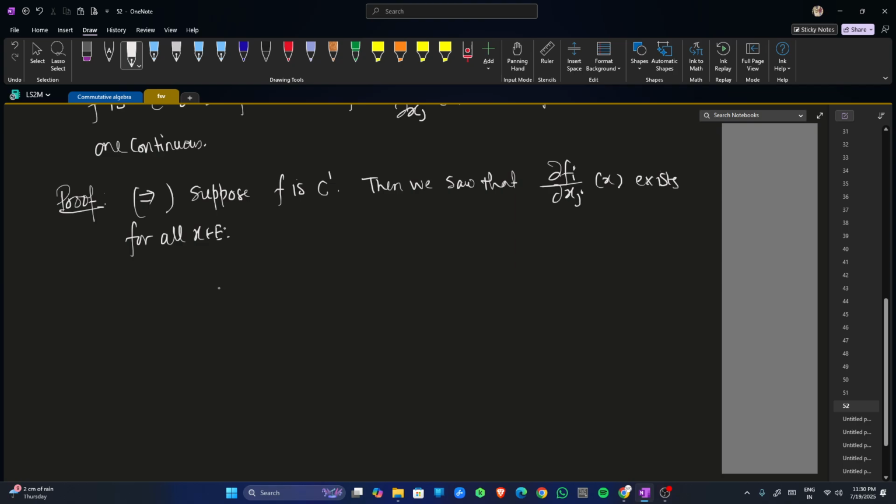So for the continuity part, del f_j del x_i at the point x minus del f_j del x_i at the point y. What is it? It is f prime x minus f prime y.